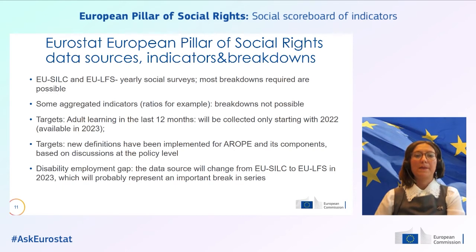And that for the disability employment gap, the data source will change from EU-SILC to EU-LFS in 2023, which will probably represent an important break in series. We are working to document all the changes as well as possible, and also to provide the highest quality possible for all the indicators. This is Eurostat's mission.